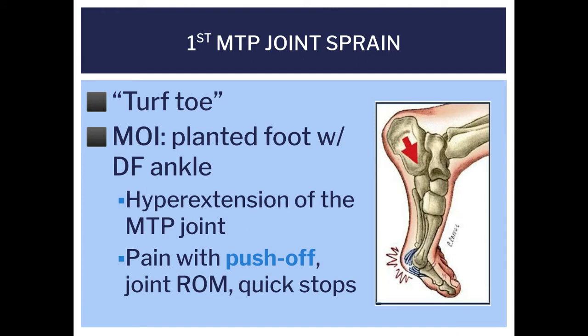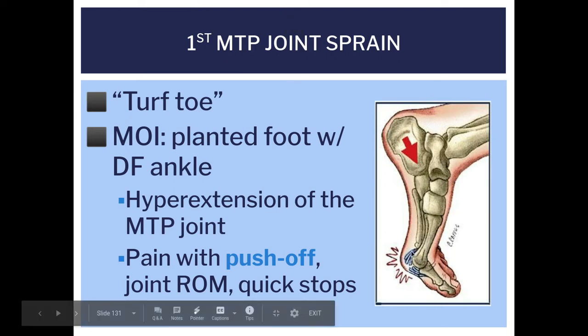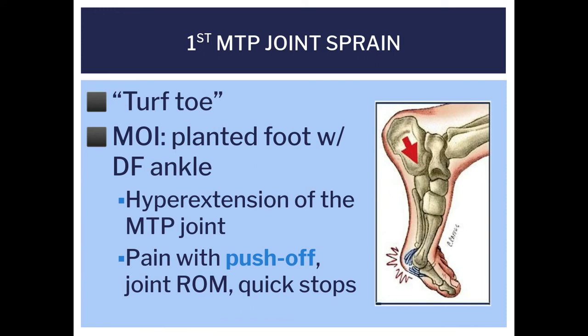You can also develop what is called turf toe. That is when you sprain the ligaments on the bottom side of your great toe, or first metatarsal joint. It's called turf toe because, and this is more common in football, especially with offensive linemen or people doing a blocking move, their foot is planted in the turf and then they go to push off.